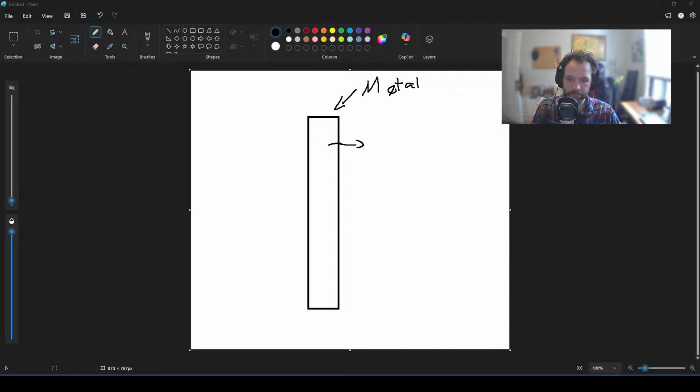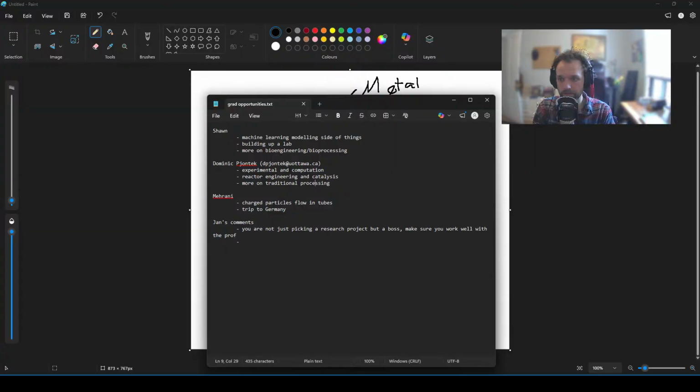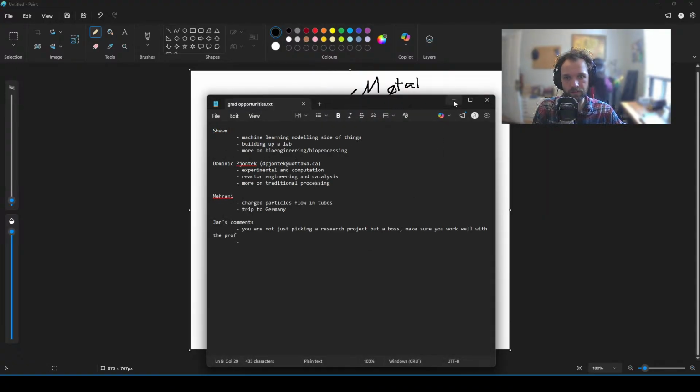Hold on. Let's open up a text file, Notepad. Okay, Control Z isn't doing anything there. I don't know if this is the right software to be checking this on, but whatever.